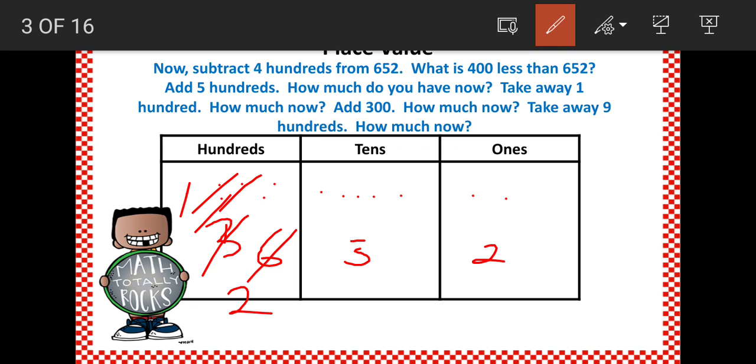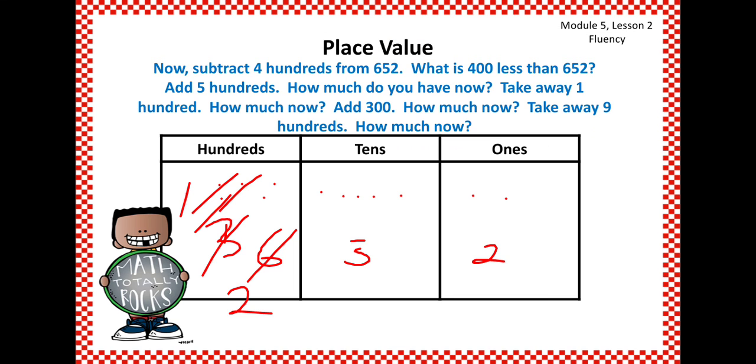Now take away 900 from 952. If you take away 900 from 952, you will have 52 left.